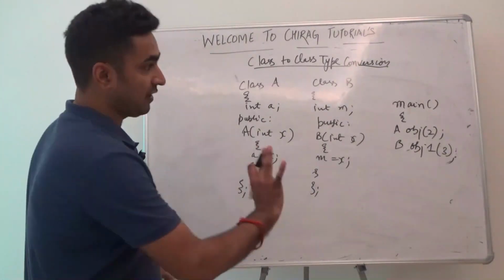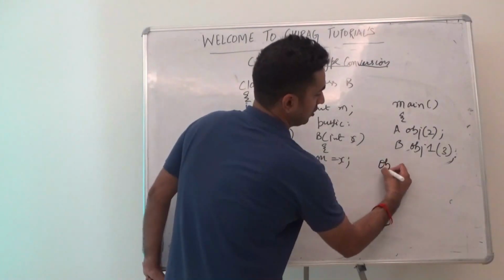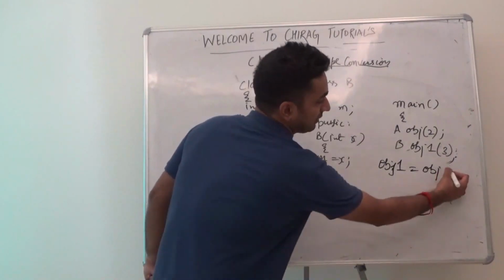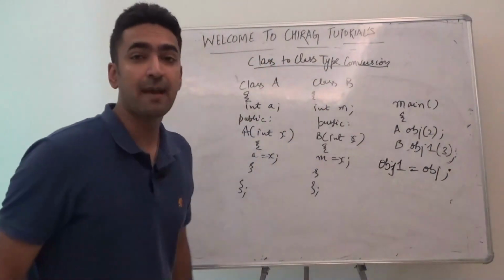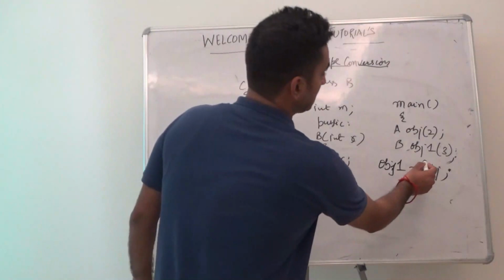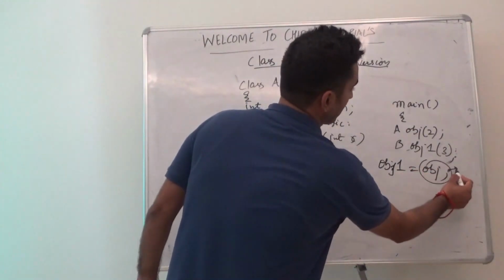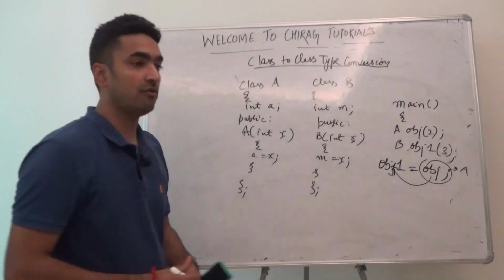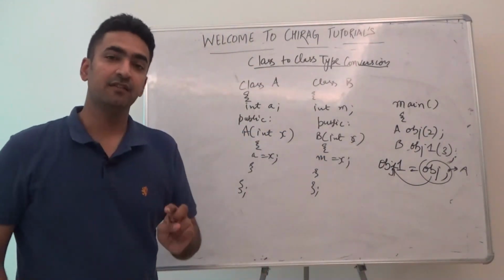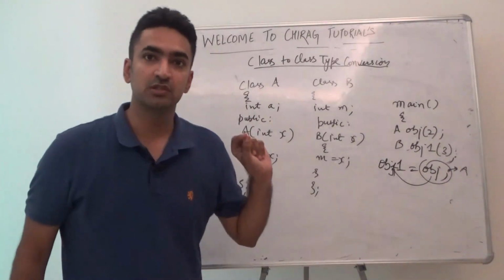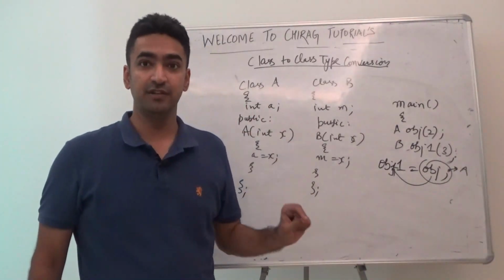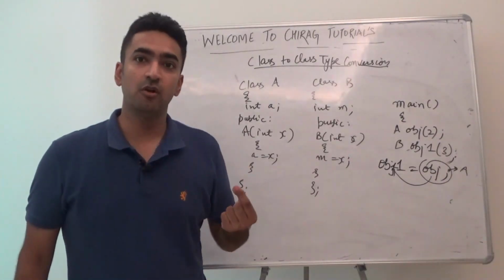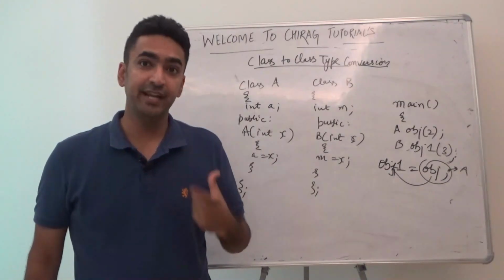So if I am writing obj1 is equal to obj, it means I am assigning this obj, which is of class A, into obj1 of class B. Earlier, in the previous video, we were using a single class, class A, and we converted it using an operator function.